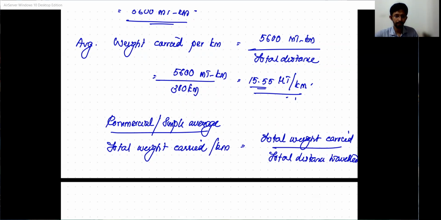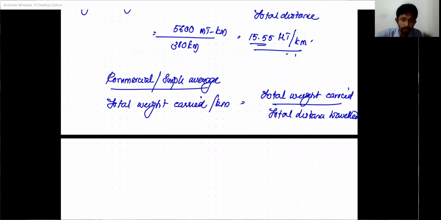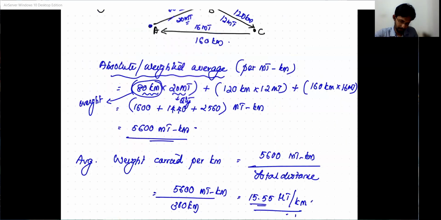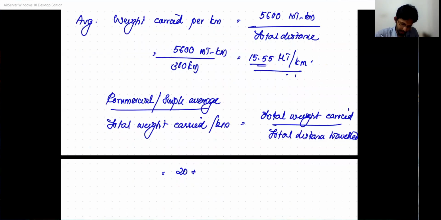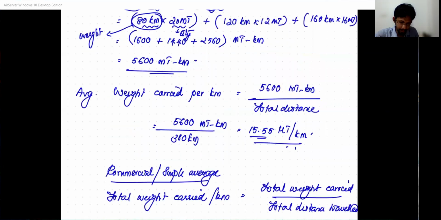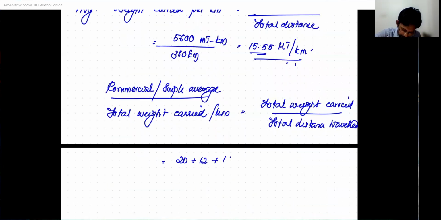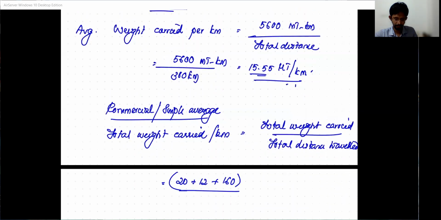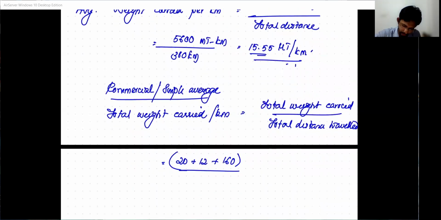The amount will be, that is equal to 20 metric ton plus 12 metric ton plus 16 metric ton divided by 16, not 160, 16.